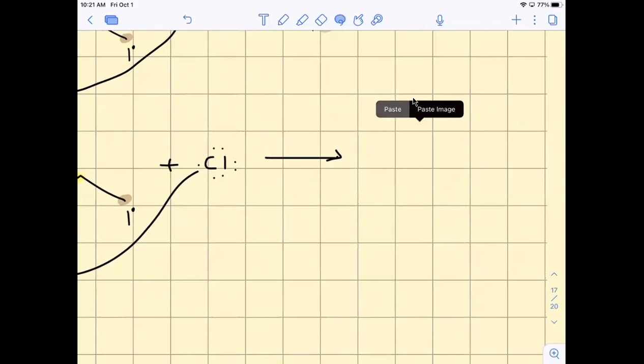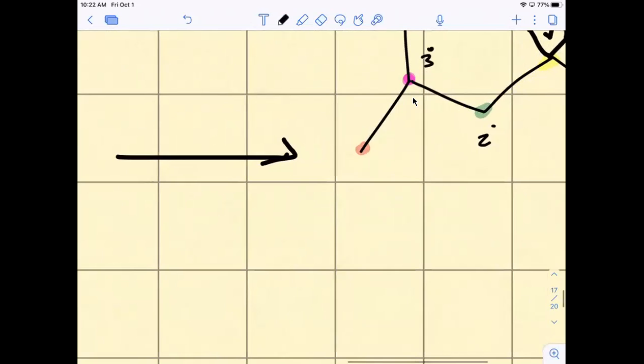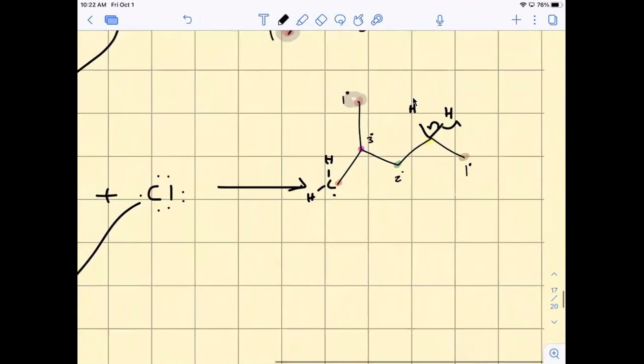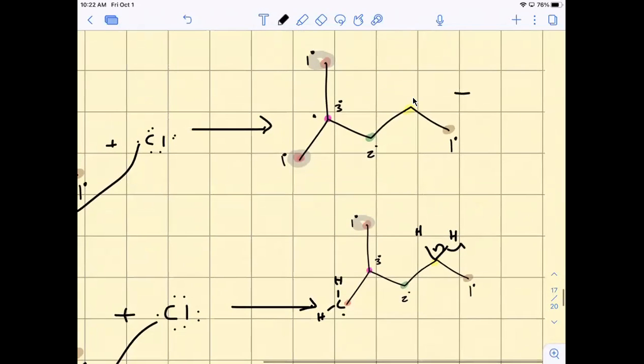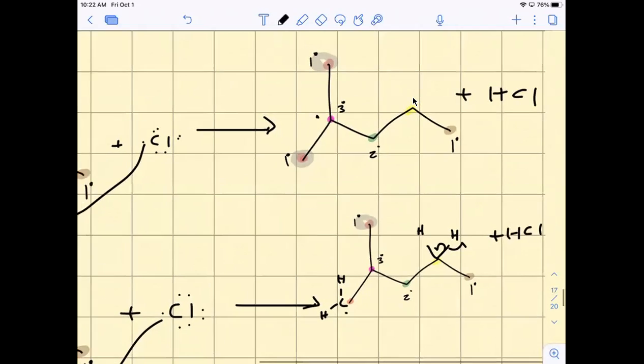So paste that there. It's now a CH2 with a radical there, plus, ooh, made the arrow too long. That's all right. All right, so that's that.